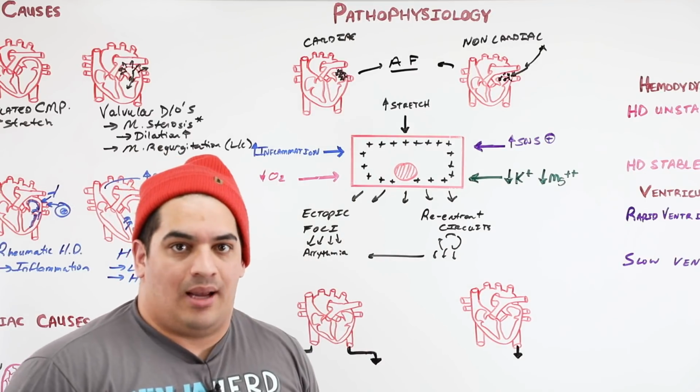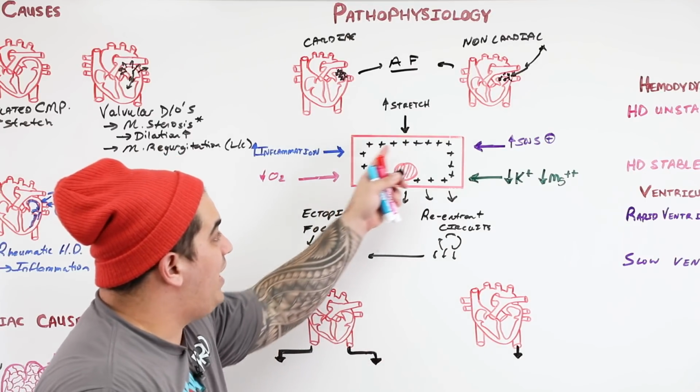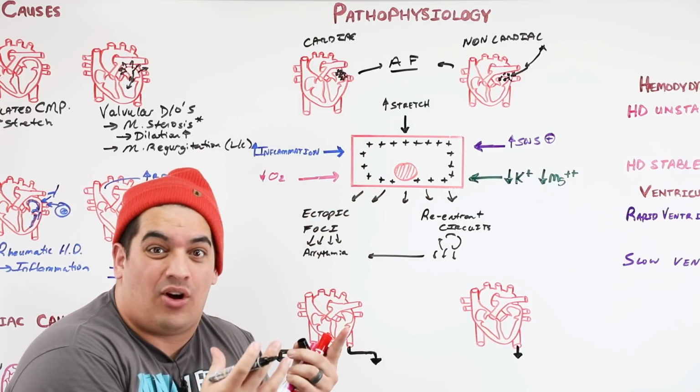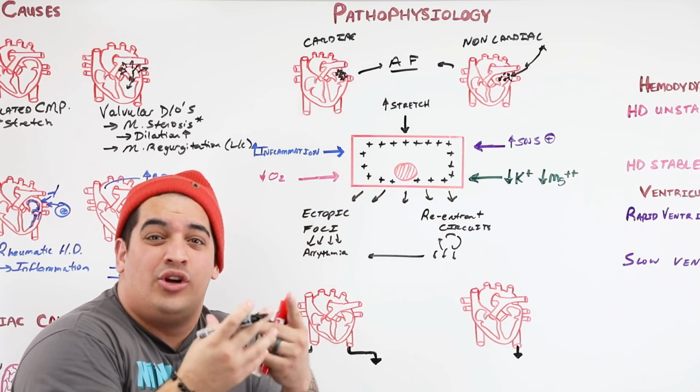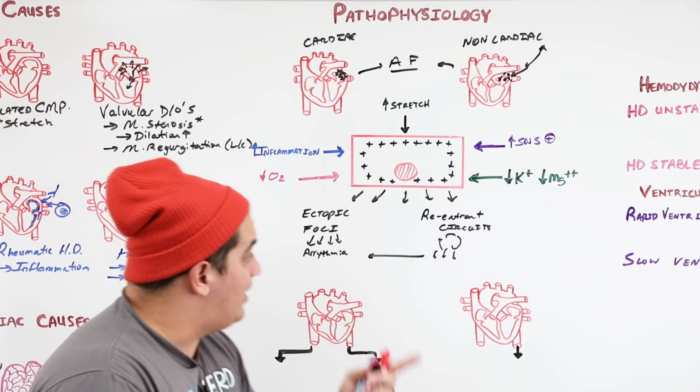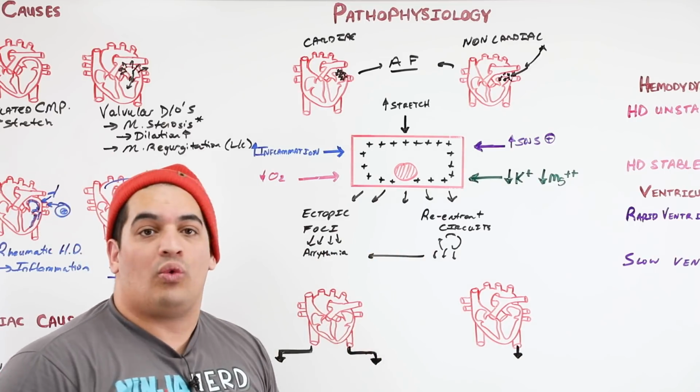That is the big concept. Without going into all the things, because we actually don't know exactly how these mechanisms produce this process within the heart, we just know it causes them to become irritable, triggerable, maybe undergo a remodeling process. And then by that process, they develop ectopic foci or re-entrant circuits.